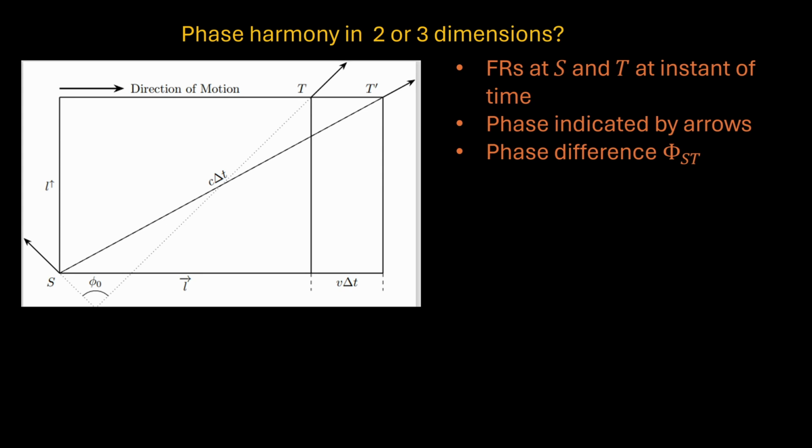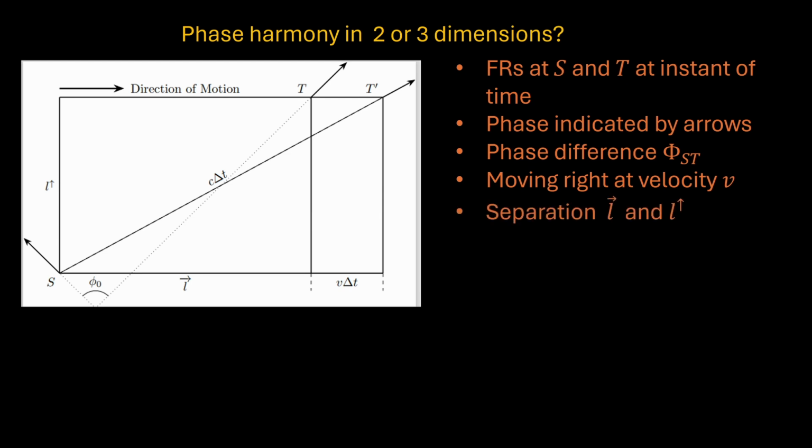Actually, I notice I've written phi 0 in this diagram, but life's too short. The direction of motion at velocity v is to the right in this picture, and the separation between the 2 FRs is L right arrow in the direction of motion and L up arrow orthogonal to this direction.